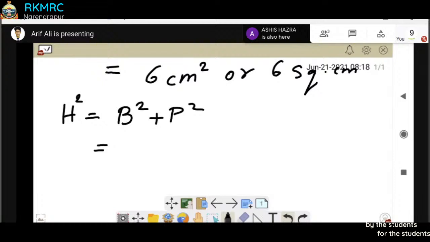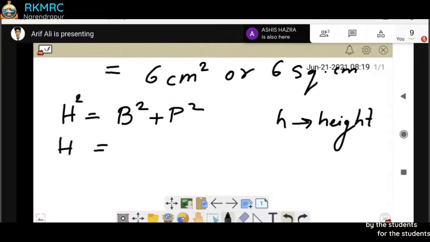This capital H is for hypotenuse, small h for height. In your book you can see this, small h for height and capital H for hypotenuse.